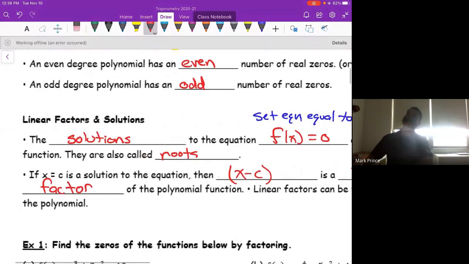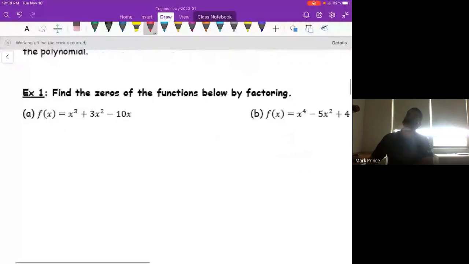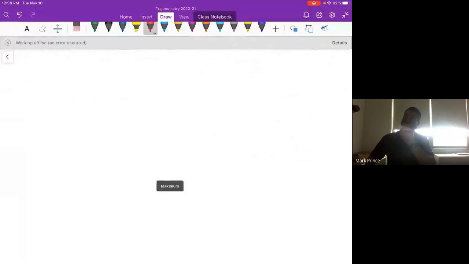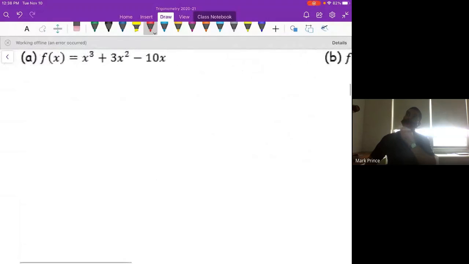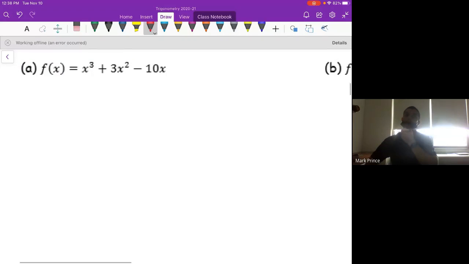All right, so example 1a, we're going to find the zeros of this function by factoring. And when we factor, the first thing we're always going to look for is a greatest common factor. So x cubed plus 3x squared minus 10x, they all have what in common? They all have an x.